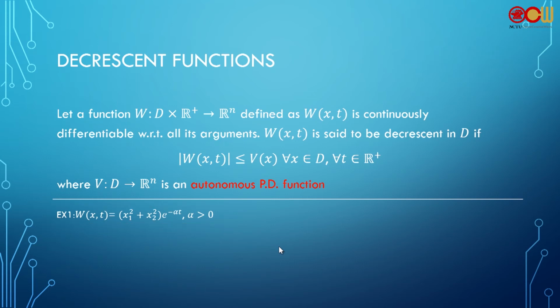Before we don't see time elements in the function, but now they are in the function. So is this function decreasing? Does this function satisfy this condition? Can you find a V, the upper bound? Yes, right? What is V?